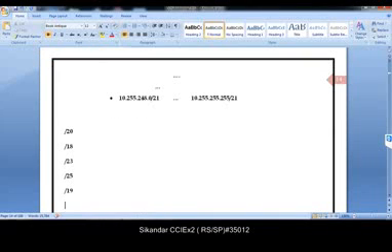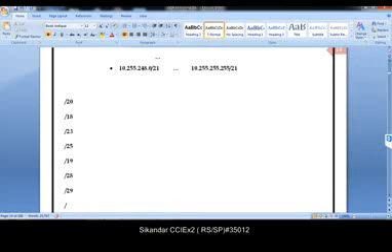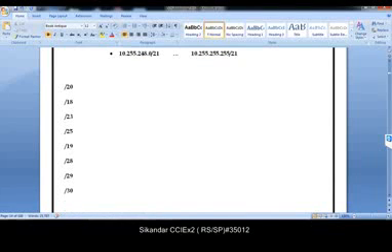I'll do 2-3 examples for understanding. /19, let's say /28, /29, /30, /22, and /20.